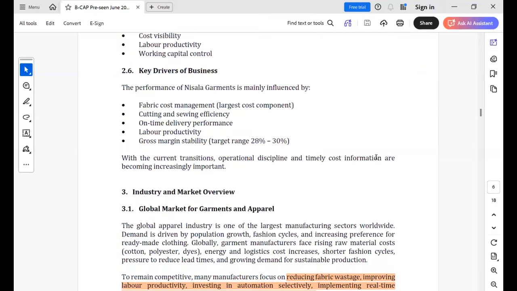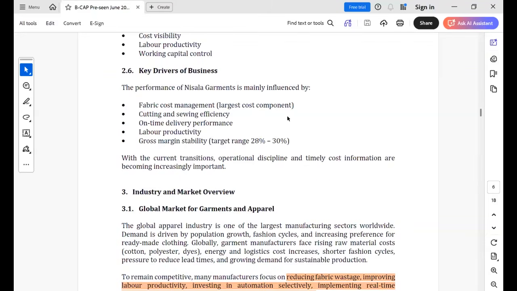Right? The performance of the garment company is mainly influenced by fabric cost management. That is, as I told you, the largest cost component, right? And cutting and sewing efficiency, their internal efficiency, and on-time delivery, right? Because you are working based on confirmed orders, they have a timeline, so you have to cater to their timeline. That's what we call on-time delivery, and also labor productivity.